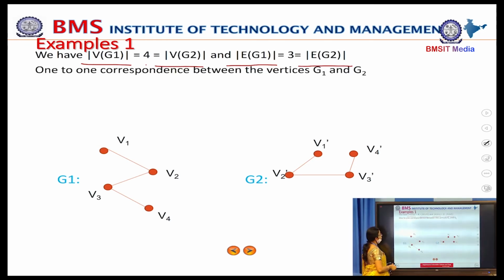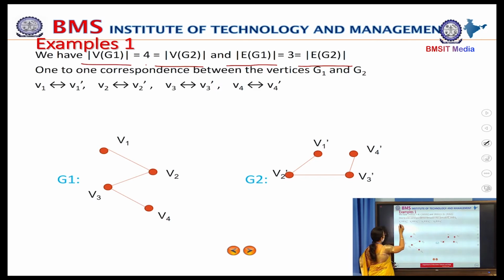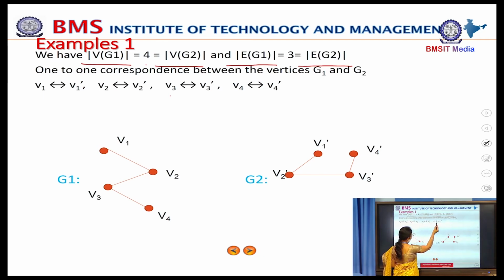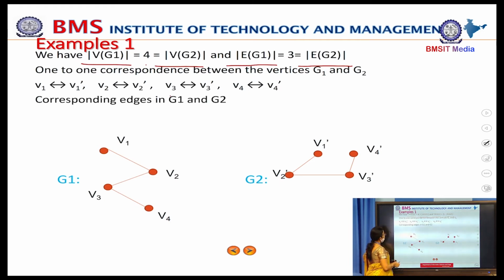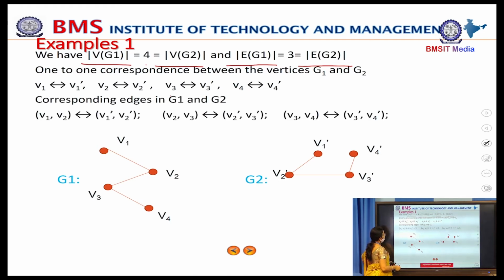Now we need to check whether these vertices and edges are in one-to-one correspondence. I am mapping V1 to V1 dash, V2 to V2 dash, V3 to V3 dash and V4 to V4 dash. So it satisfies the one-to-one and onto correspondence. Next we will map the edges.